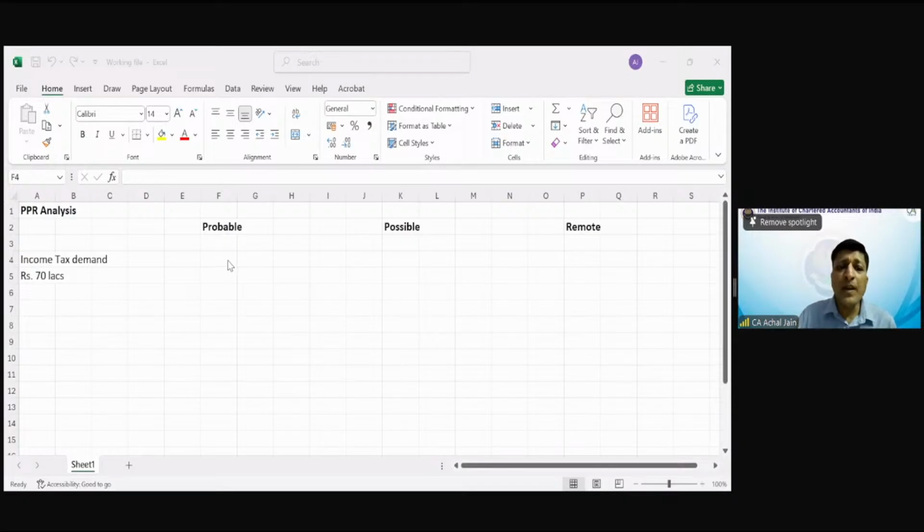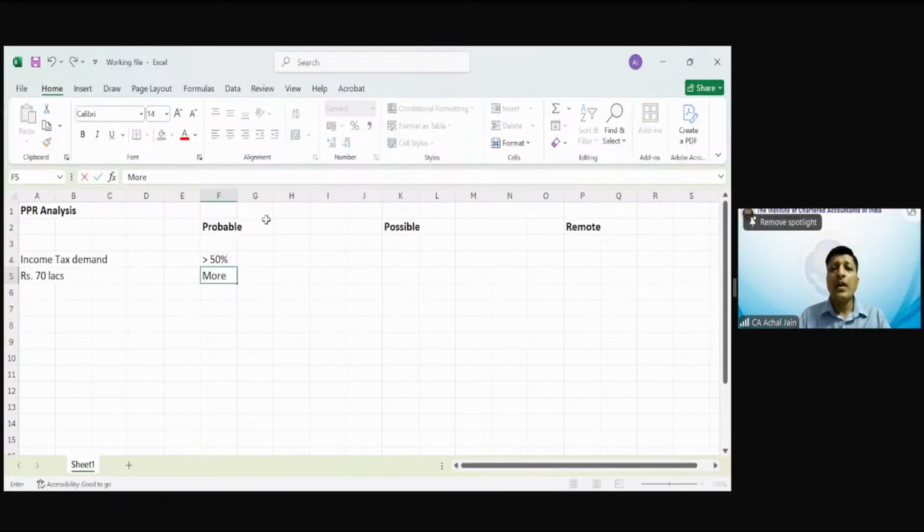Okay, great. I think I missed out some of your responses. So what is probable? Probable means something which has chances of more than 50%. It means it's more likely than not going to happen. Now, what is more than 50 is not defined in the standard.